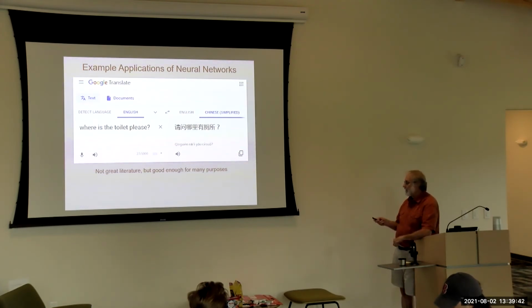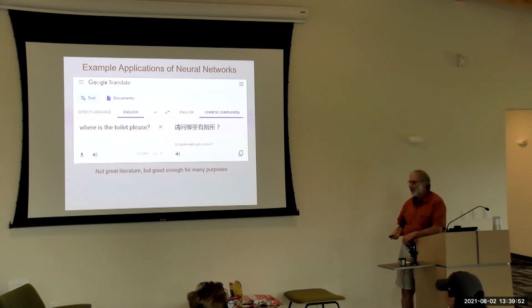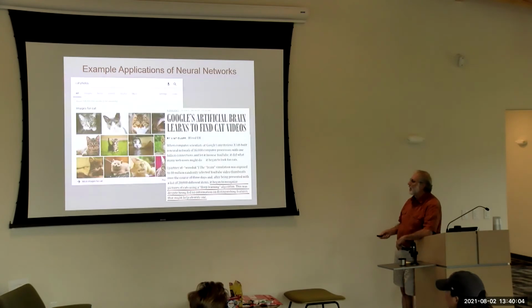And I found that with Google Translate, you put in some English, it comes back, and does a pretty good job, even in things as different as English and Chinese. So it works well enough. I would have said that slightly differently, but this is a perfectly good translation of that as well. So it's not great literature, but it works.